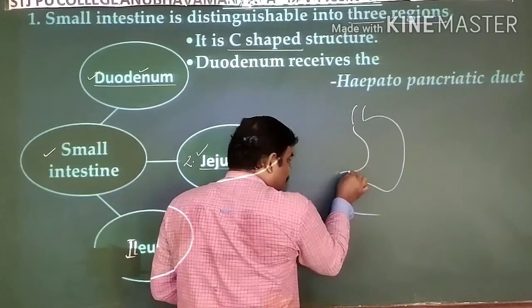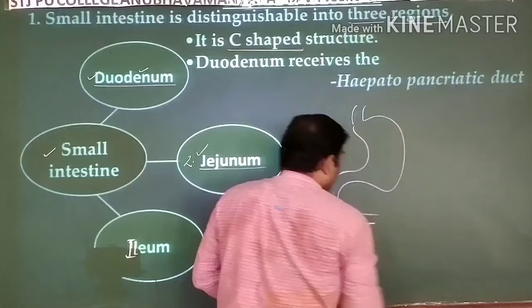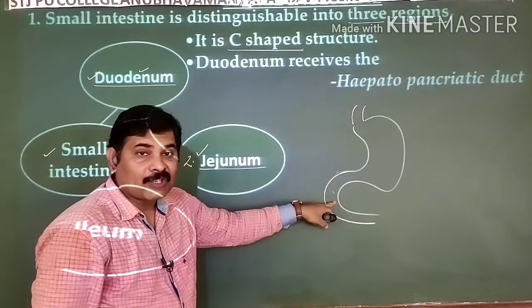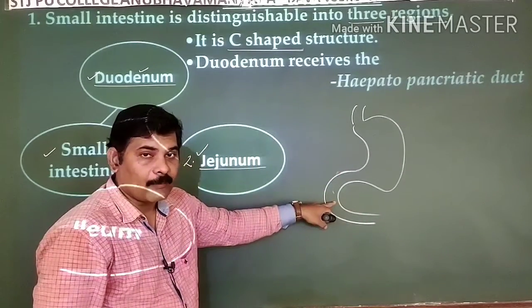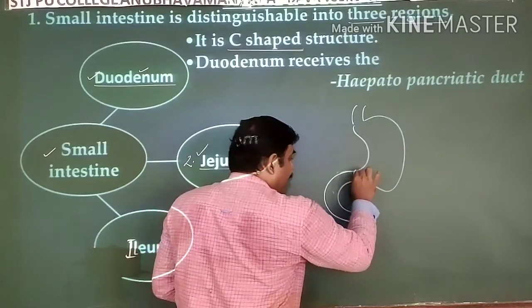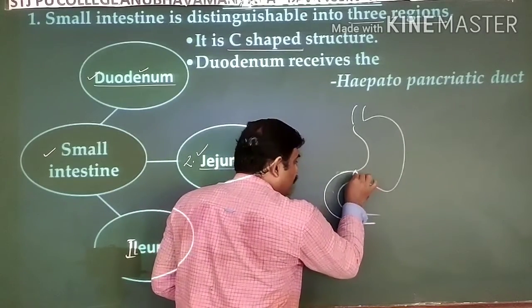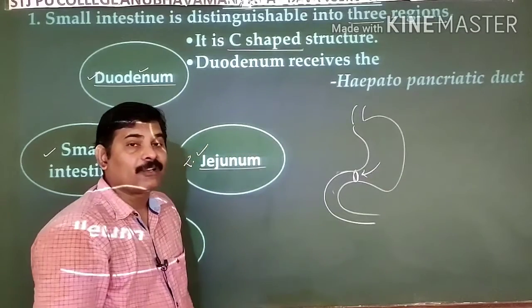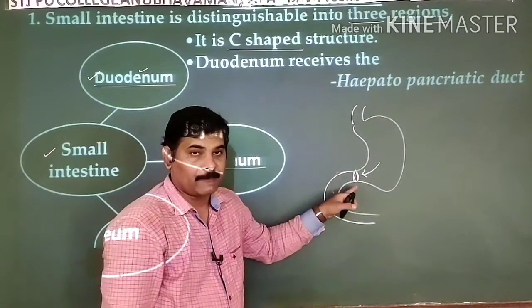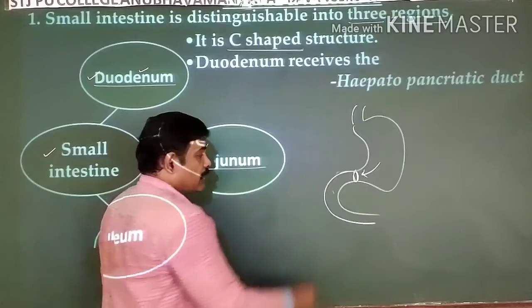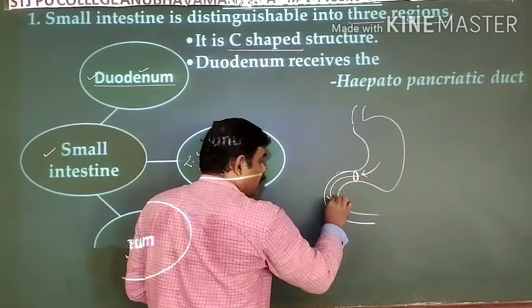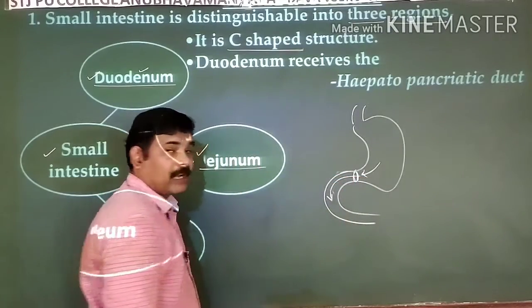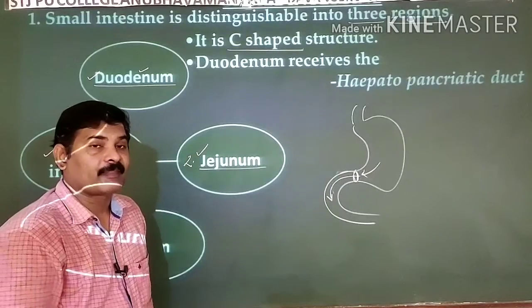The stomach at its posterior end, as I said, opens into a C-shaped structure which we call the duodenum. When I explained the structure of the stomach, I said the posterior part of the stomach is known as the pyloric stomach. This pyloric stomach opens into this C-shaped structure known as the duodenum.